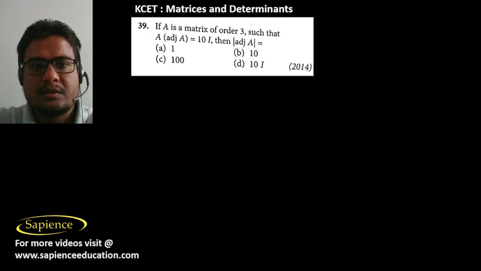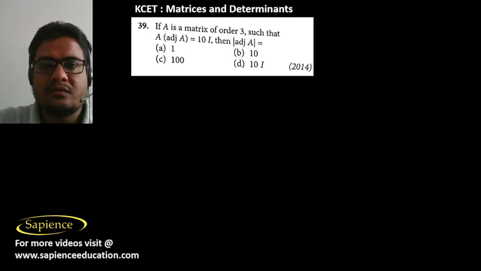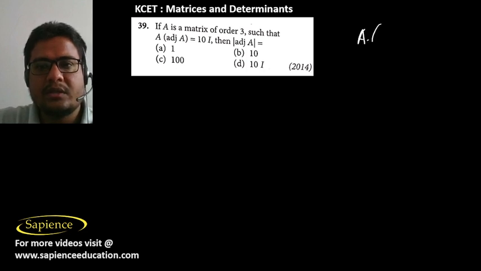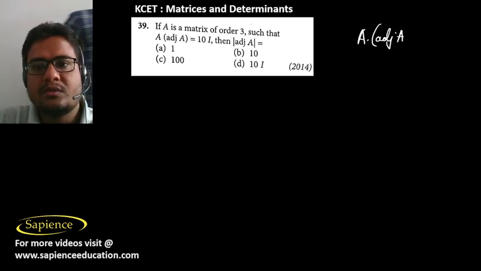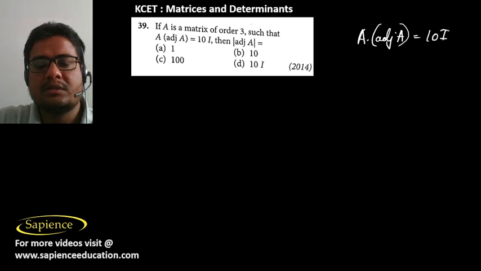Then here it is told, if A is a matrix of order 3 such that A into adjoint of A is 10 into I, then what is the determinant of adjoint of A?